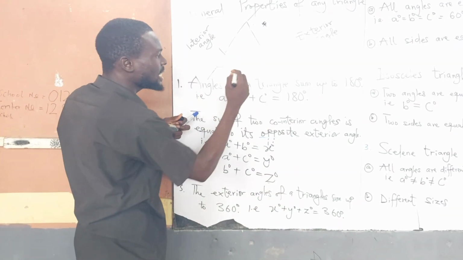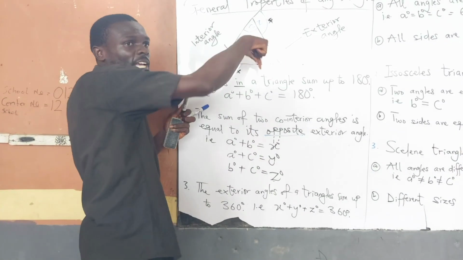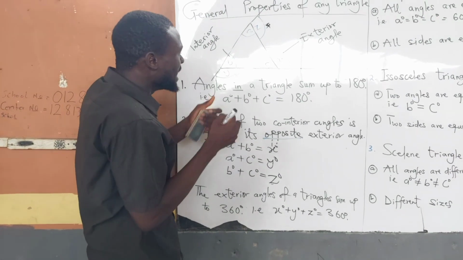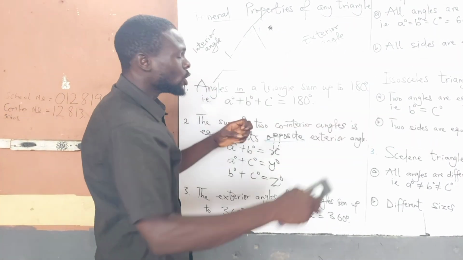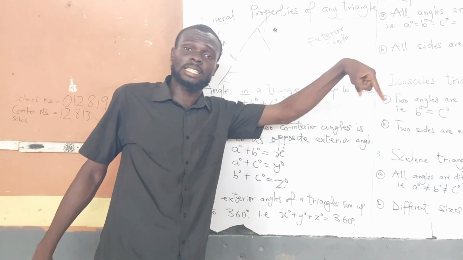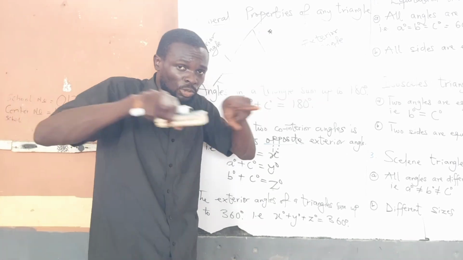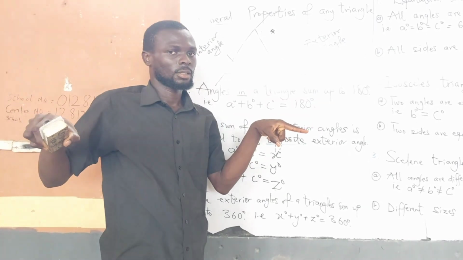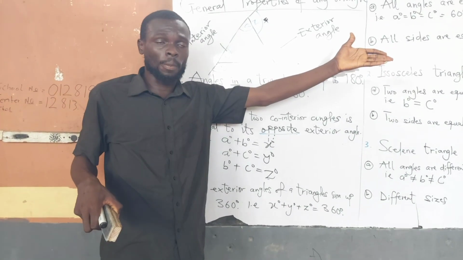Then you can also see that the interior angle and the exterior angle are on a straight line. The interior, this one, and the exterior, they are on a straight line. So if you sum this and this together, it will also give you 180, which happens to be the property of angles on a straight line. So this being a straight line, you can take it as its property.